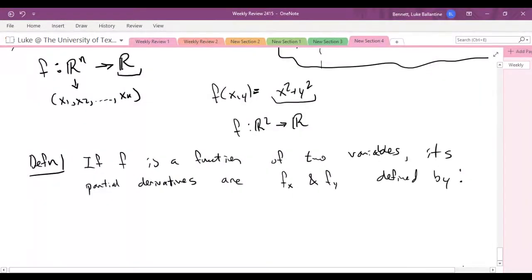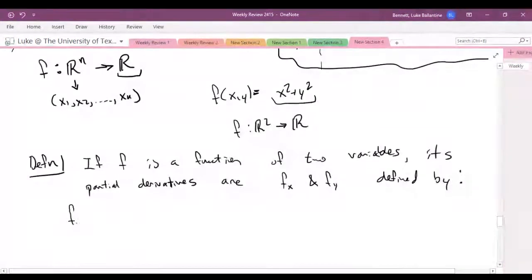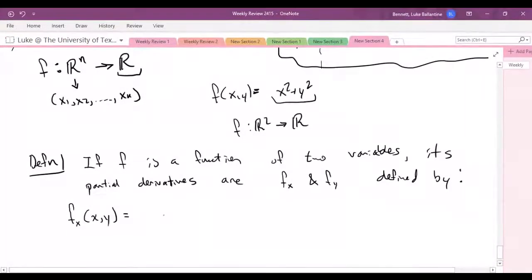What's the definition of a derivative in a single variable? The limit of a difference quotient. So what we're going to have now is the definition of a partial derivative. It's still the limit of a difference quotient, but here's how it looks. It's a function of 2 variables still, and it's equal to this.